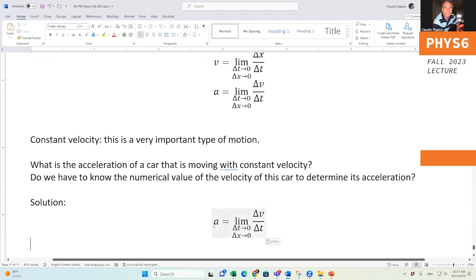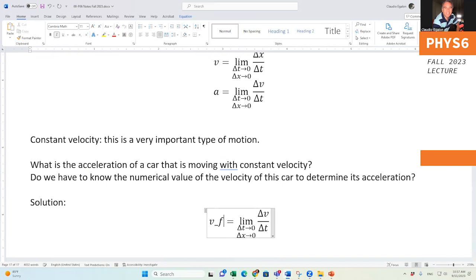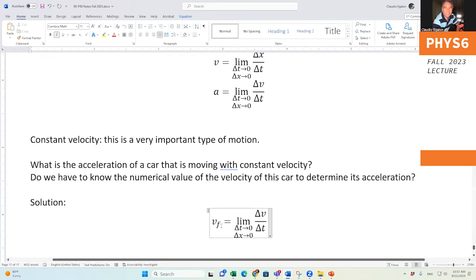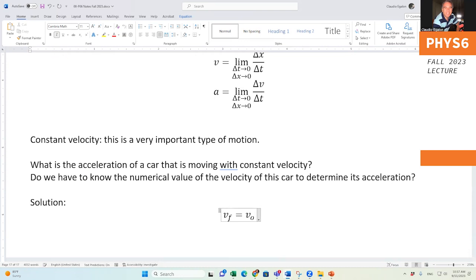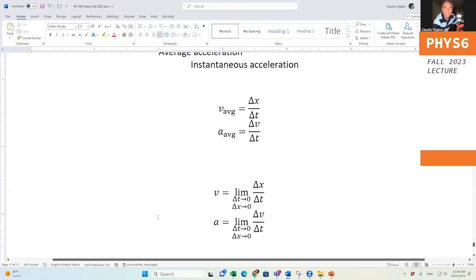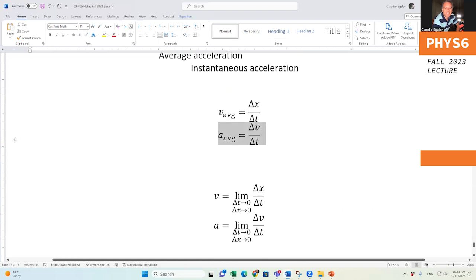Why is that? Because it's constant velocity, the final velocity is equal to the initial velocity. That's why. If the final velocity is equal to the initial velocity, so here you go.